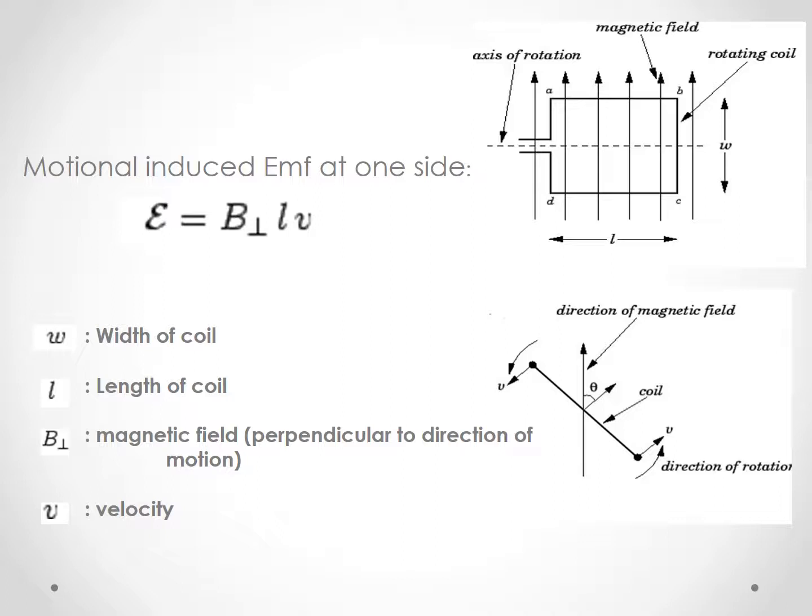One of the formulas that we'll learn today is the motional induced EMF at one side, which is EMF epsilon equals BLV, whereby B is the magnetic field perpendicular to the motion, L is the length of the coil, and V is the velocity. Do take note of the terms here, such as the width of the coil, because we will be using this later in the next slide.